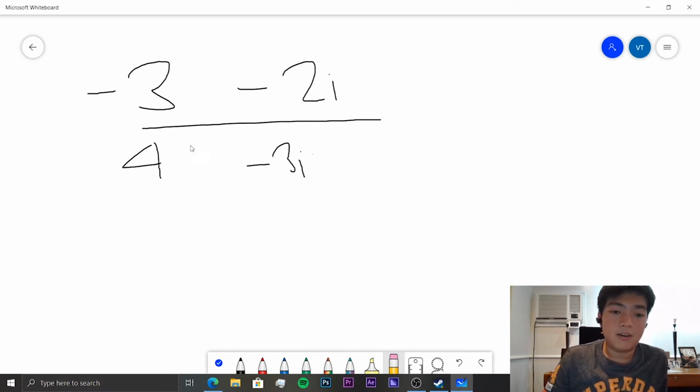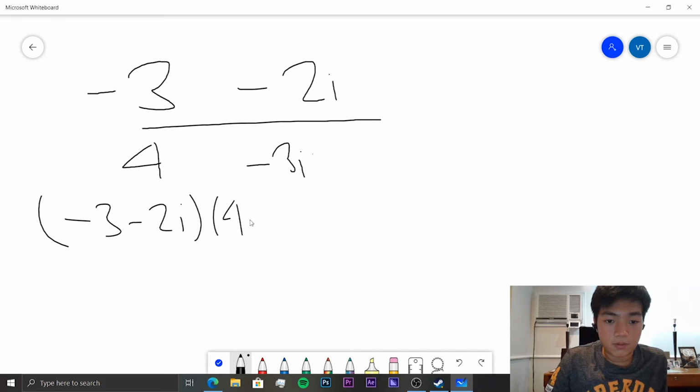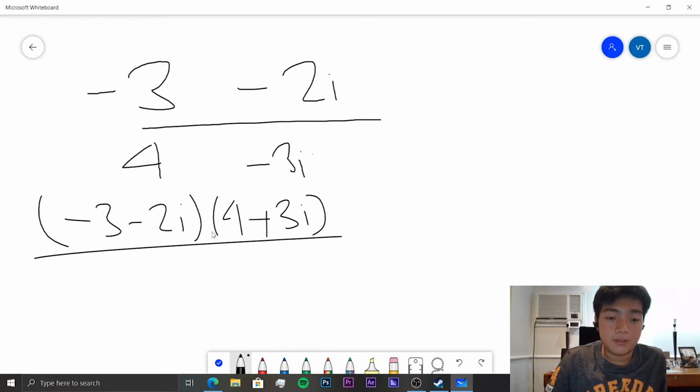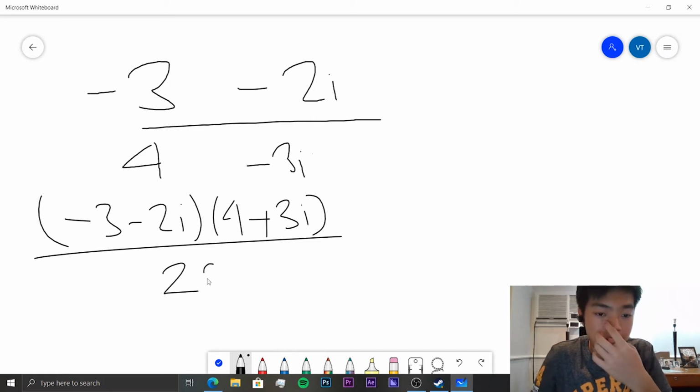And now we've turned it into a simple complex number division. So we have negative 3 minus 2i times 4 minus 3i, because it's a conjugate, over the absolute value squared of this number, which is 25.